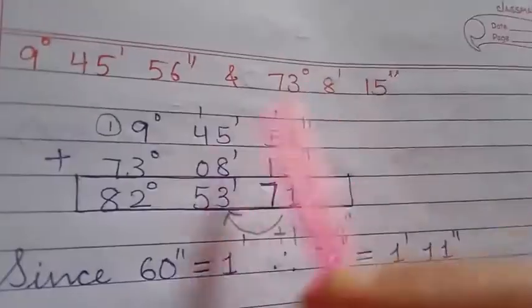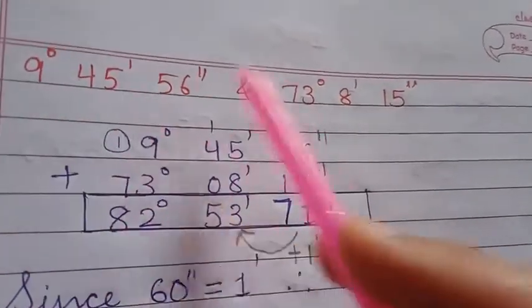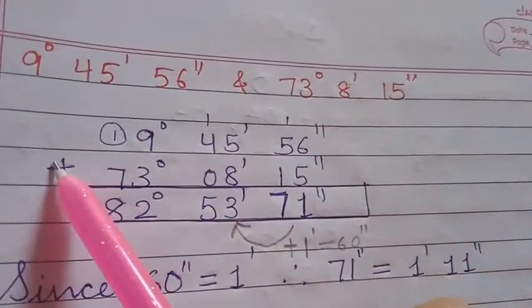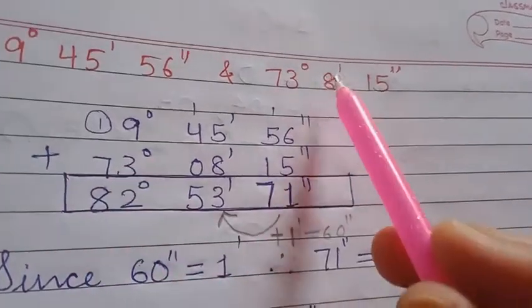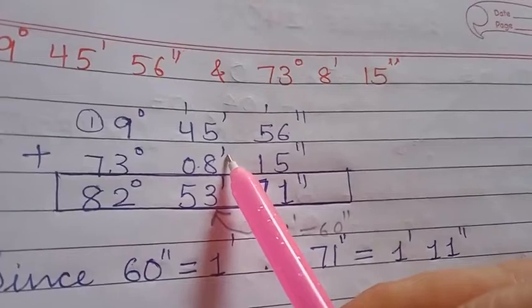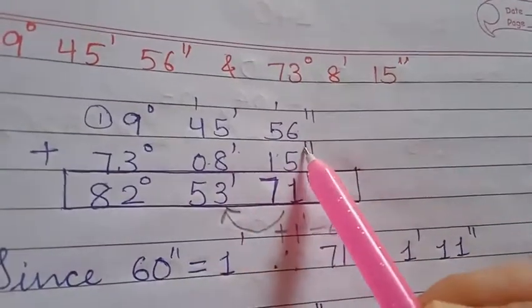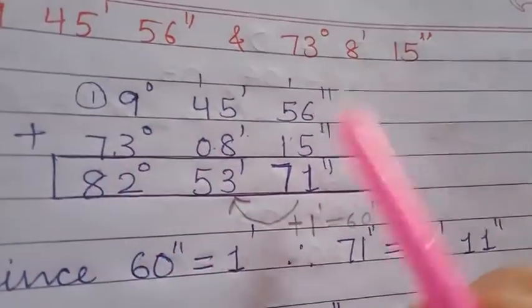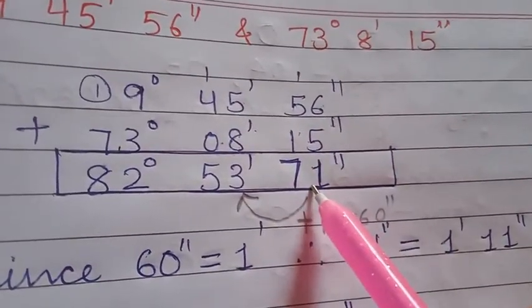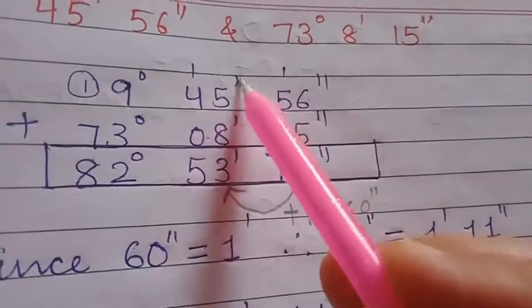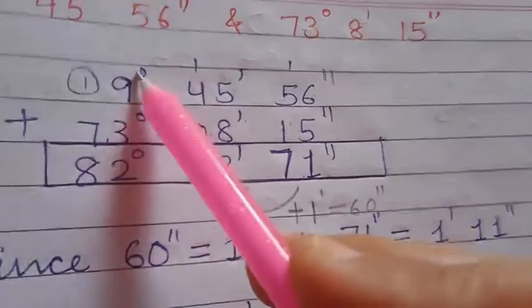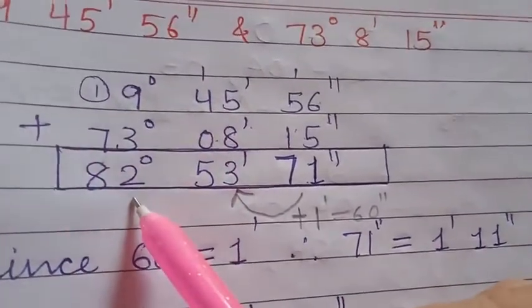Let us add 9 degrees 45 minutes 56 seconds plus 73 degrees 08 minutes and 15 seconds. 56 seconds plus 15 seconds gives me 71 seconds. 45 minutes plus 8 minutes gives me 53 minutes. And 9 degrees plus 73 degrees gives me 82 degrees.